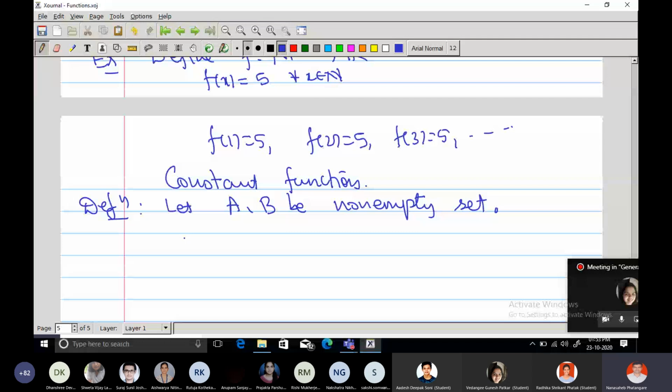So let A and B be non-empty sets. Let some b belonging to B be a fixed element.